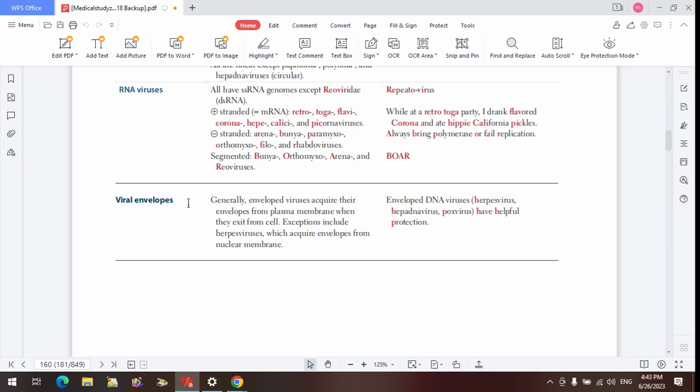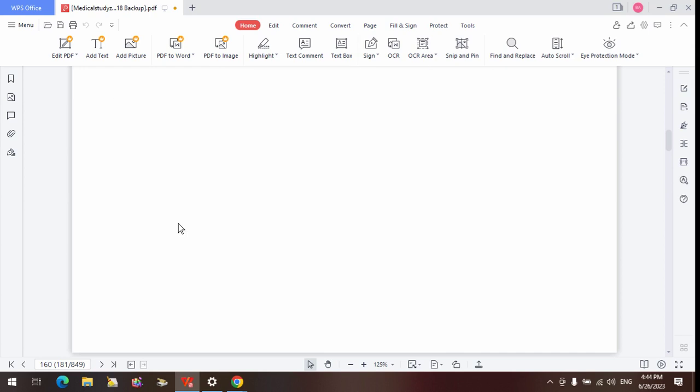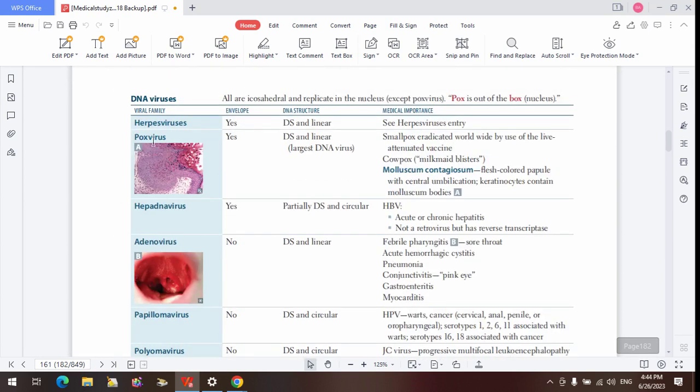Herpes, Hepadna, and Pox have envelopes. Look at the image. That's how you can remember. Hepadna is hepatitis B. Visuals will help you.